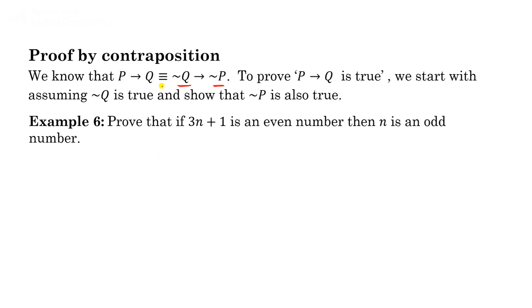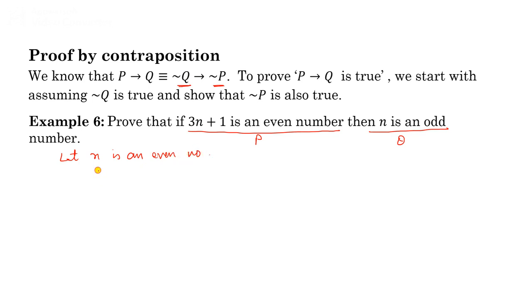Now look at this example. Prove that if 3n plus 1 is an even number, then n is an odd number. So this part is P and this part is Q. Here we will start from negation Q. Let n be an even number.